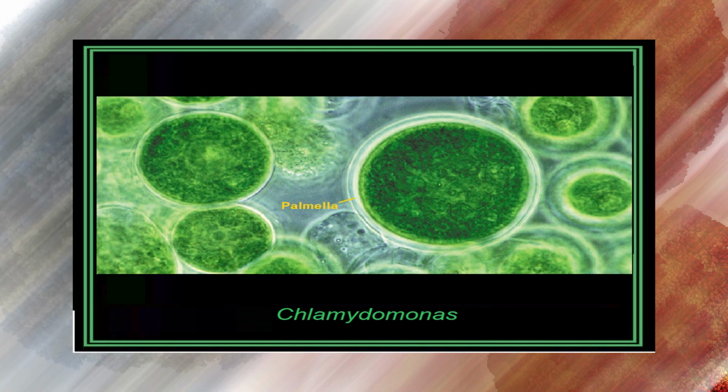Now, palmella stage. The palmella stage is formed under unfavorable conditions like shortage of water and excess of salts. The protoplast of the parent cell divides to make many daughter protoplasts, but they do not form zoospores. The parent cell wall gelatinizes to make a mucilaginous sheath around the daughter protoplasts.